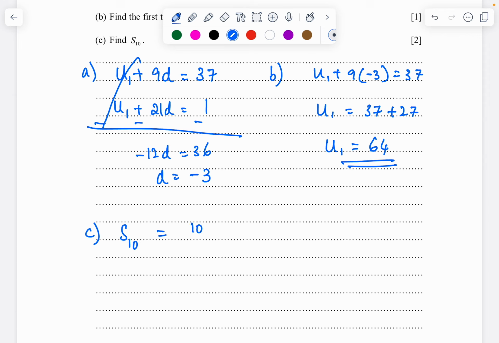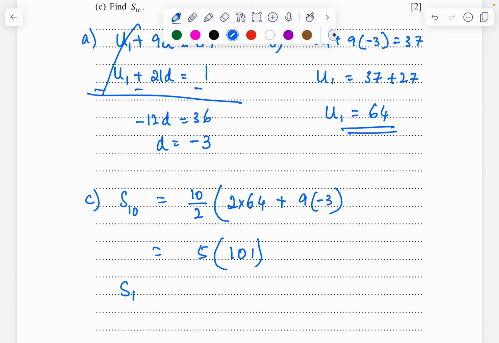So I will use the formula n over 2 times 2u1, 2 times 64 plus n minus 1 times d. So n minus 1 is 10 minus 1 is 9. 9 times negative 3. So when you simplify, you will get 5 times 101. So the answer is S10 is equal to 505.